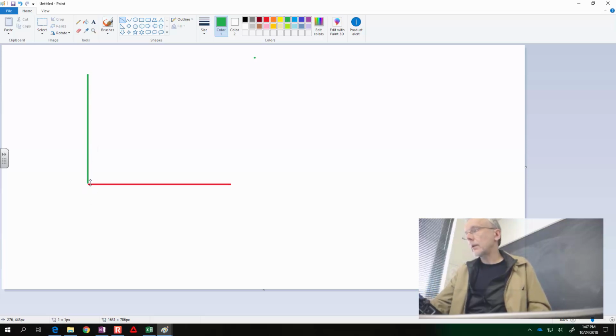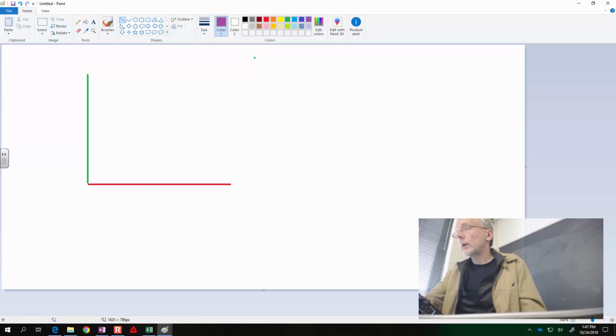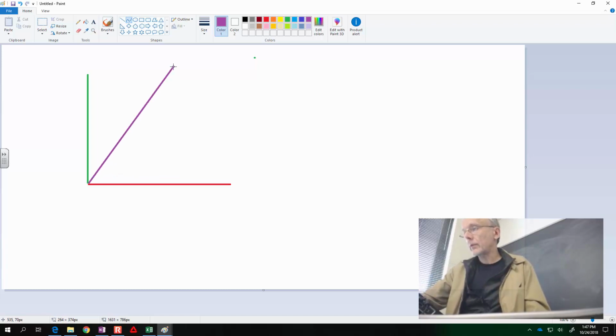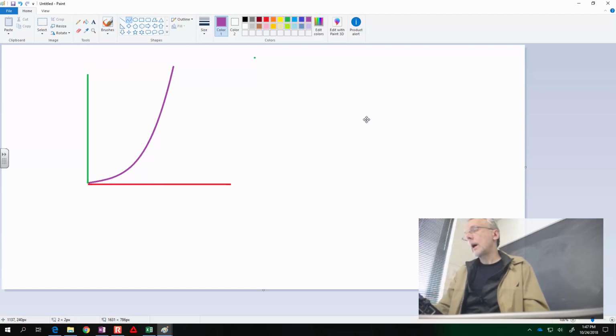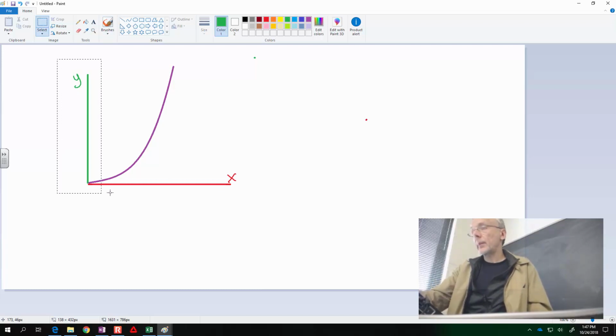Okay, now I'm plotting the graph of say y equals x squared. Okay, so like this. I try to draw a parabola here, maybe like this. Okay, looks reasonable. Okay, now I'm going to be flipping. Let me mark this with x and this with y. Okay, so now let's flip it.